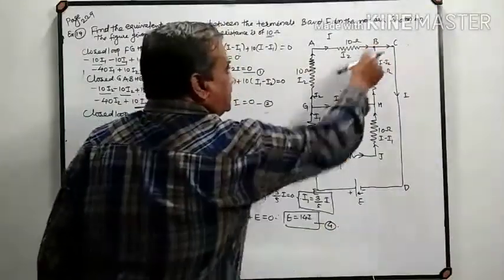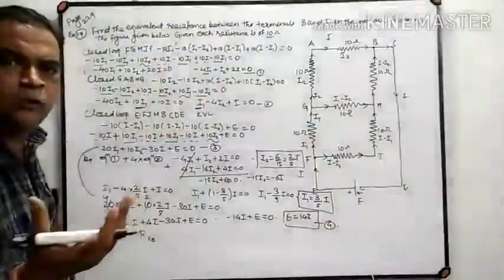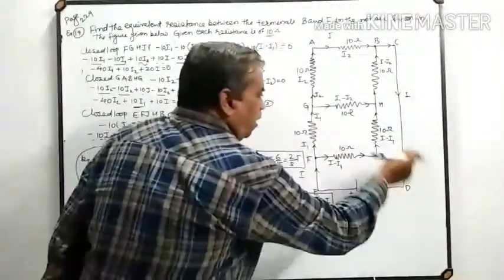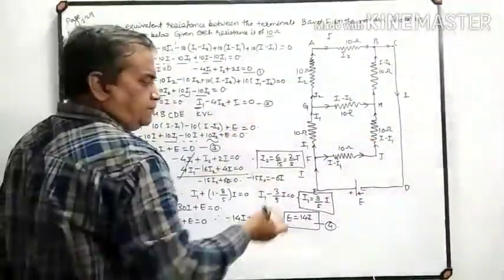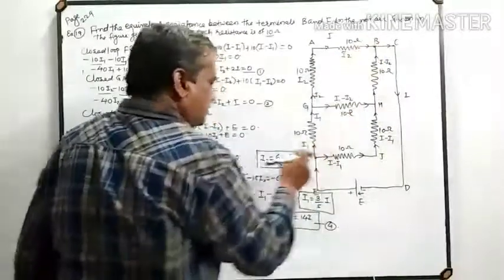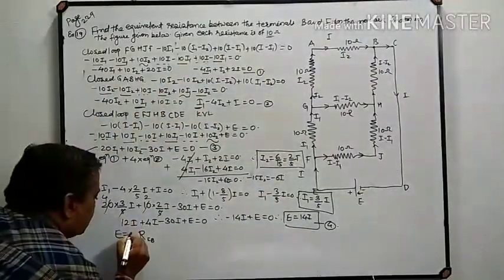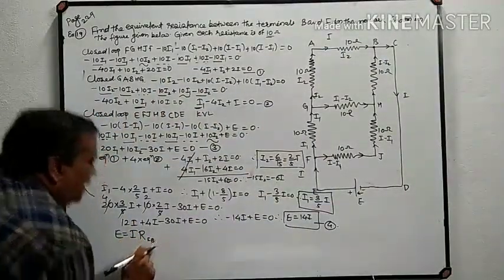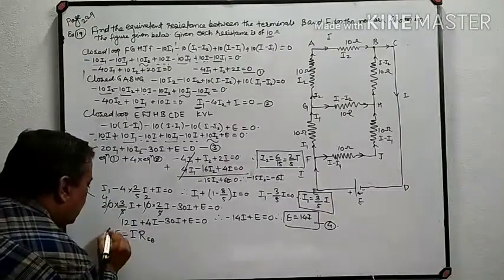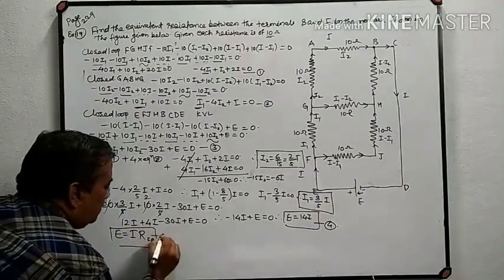Here current I enters, here current I leaves. According to Ohm's law, the EMF of a cell is equal to current I multiplied by the resistance between them. So E is equal to I into RFB. This is equation number 5.